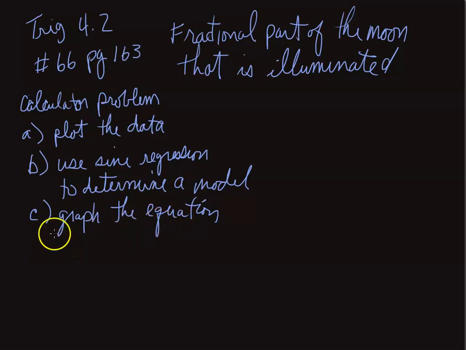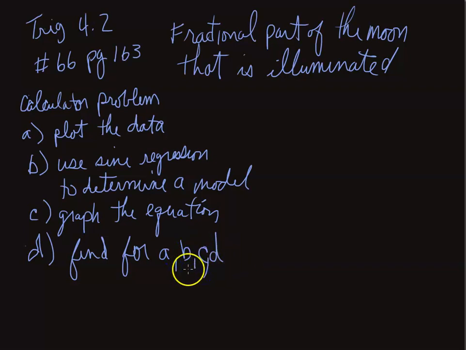Also, I'd like us to look at how to find the values for A, B, C, D by using the graph. And show you that it's going to be very close to that sine regression.